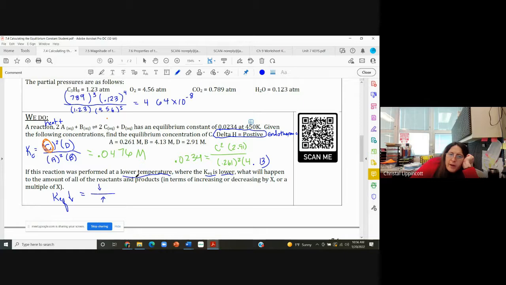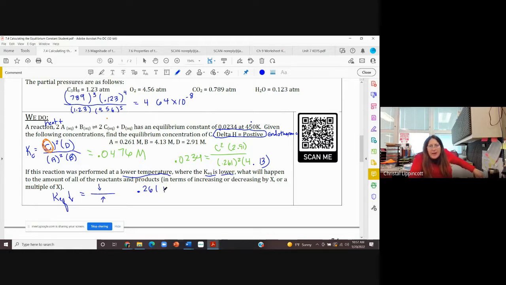Okay. So now we know that if KEQ is lower, we're looking in terms of what's going to happen with X or Y. So we know that A is a reactant, correct? A is a reactant. And we just said that our reactants are going to get bigger, right? So whatever A's value is, 0.261.